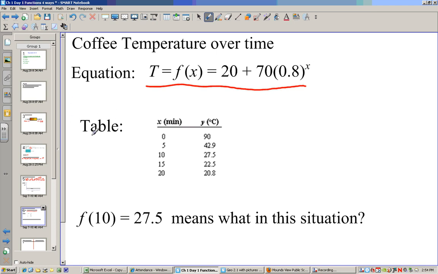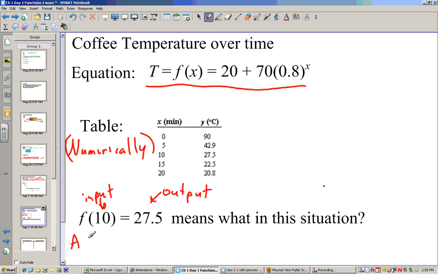We can also write this using a table. Now, if we use a table, the book a lot of times will say express it numerically. So numerically and using a table, those two are synonymous. So if we look at this situation and we see f of 10 is equal to 27.5, what does that mean in this situation? Well, my input is 10 and my output is 27.5.